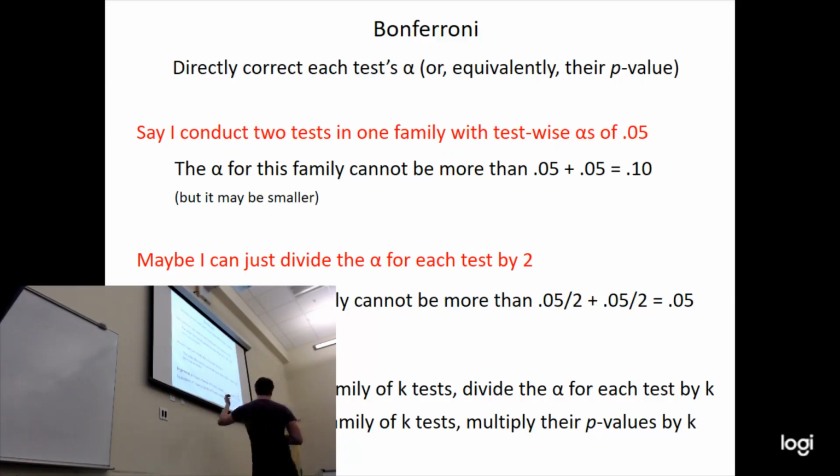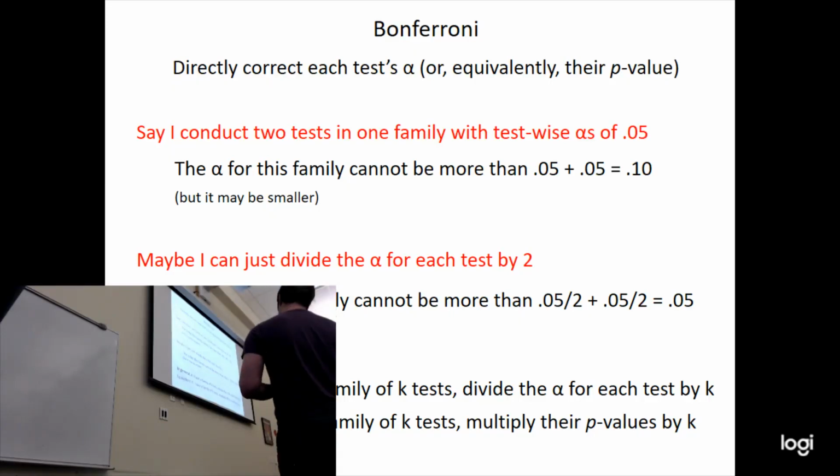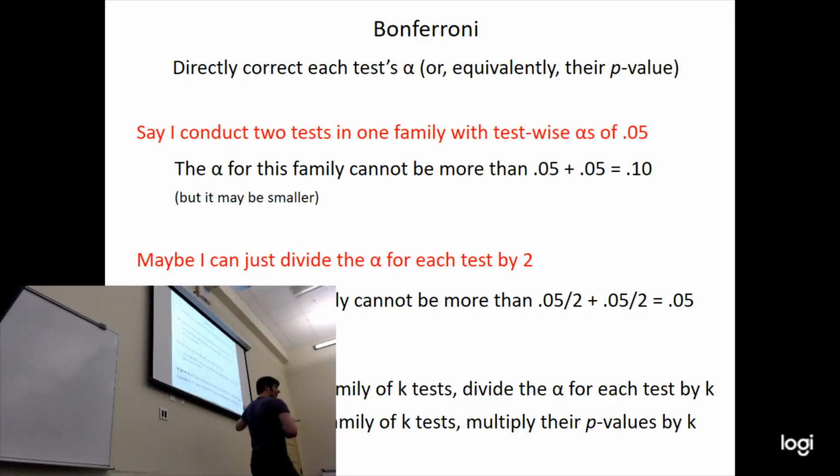If you do some number of tests, say 7 tests, you divide the alpha level for each of those tests by 7. So 0.05 divided by 7. Or equivalently, you multiply the p-values by 7.